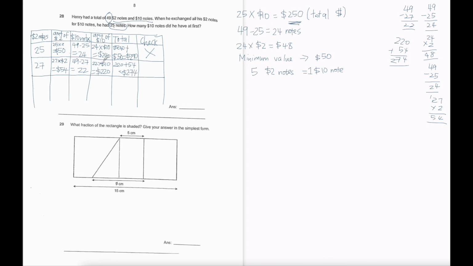Even though we decreased from 290, we still have not hit 250. So we need to lower our $10 notes again and increase our $2 notes.